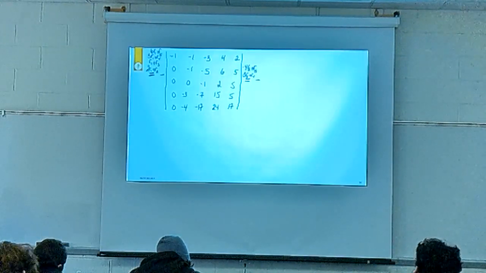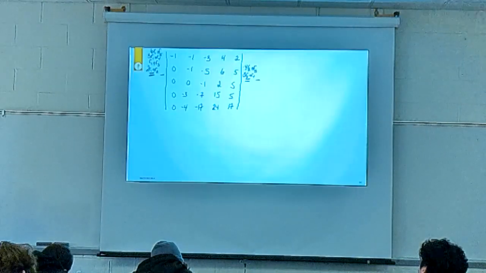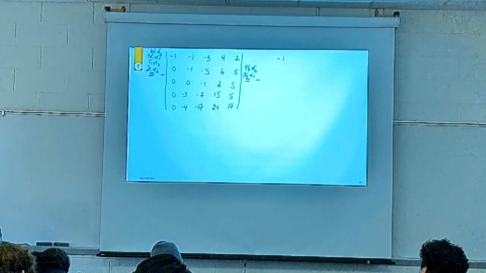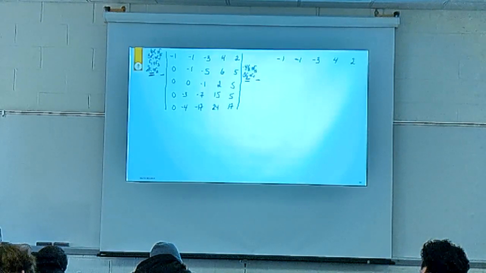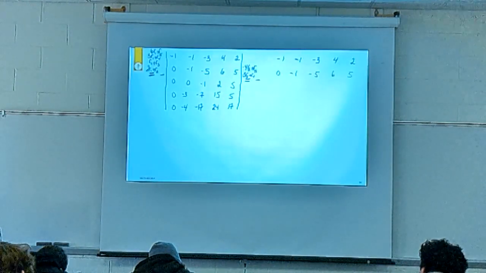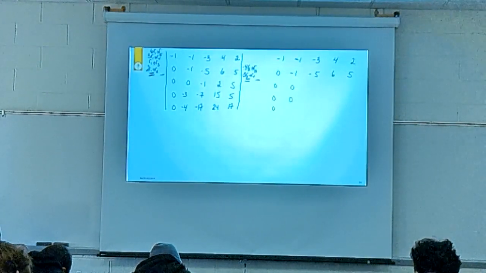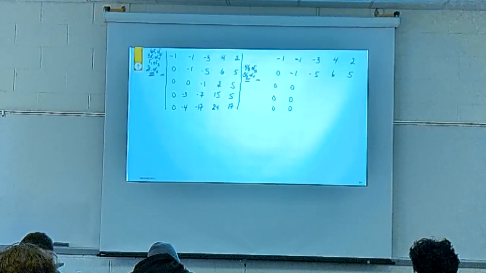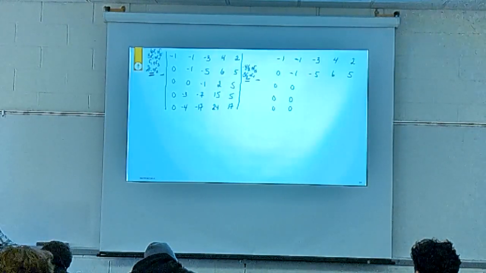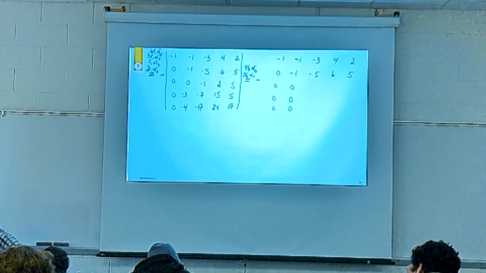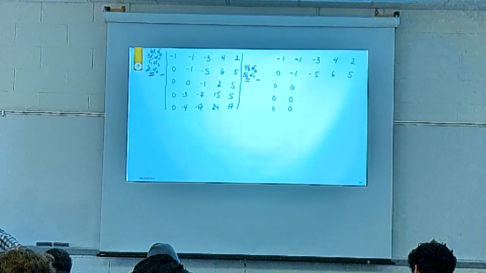Right, because row 3 already has that 0. What should we get for row 3?